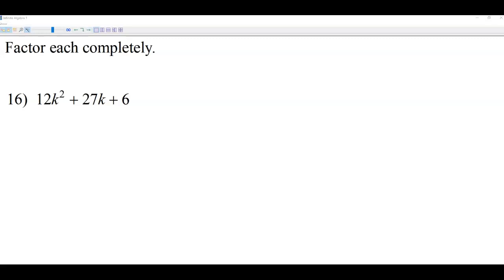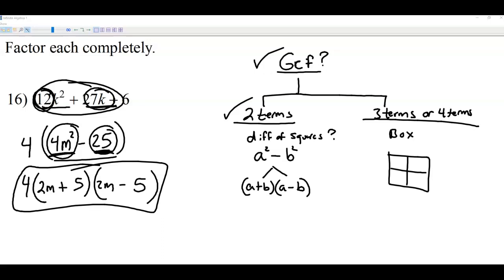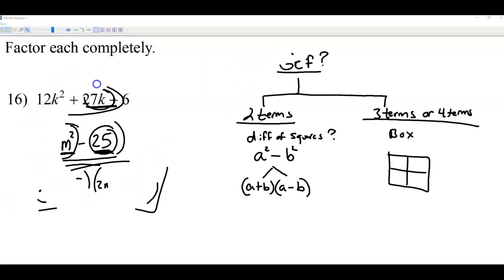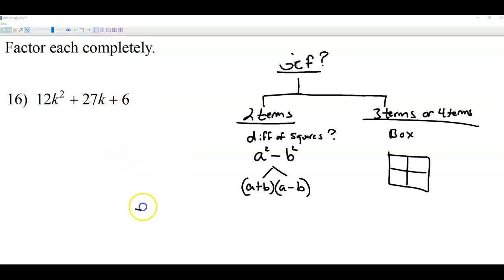All right, let's take a look at the next one here. Matter of fact, let me bring back my chart here because I think I'll use that again probably. All right, so once again, let's start by looking for our GCF. Now, the 6 doesn't have any k's in it, so I can't take any k's out.